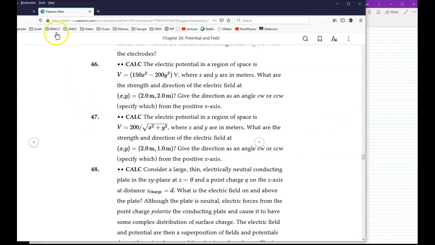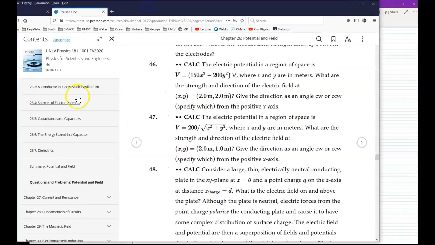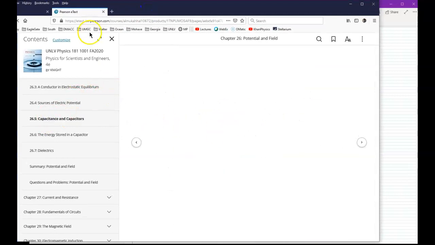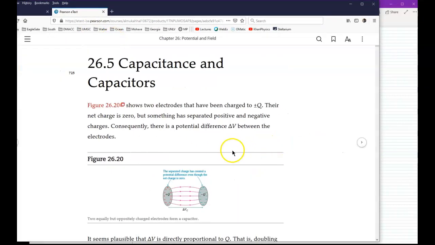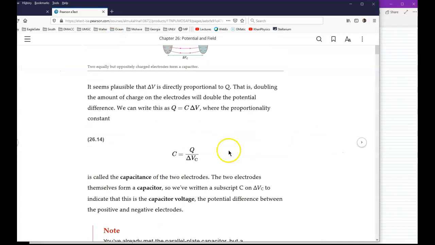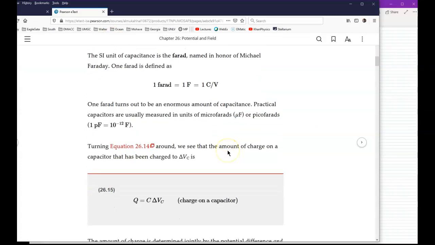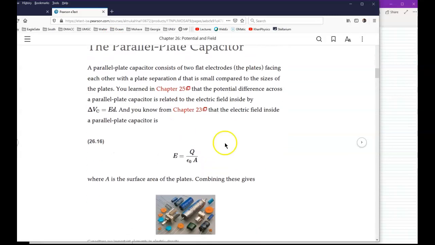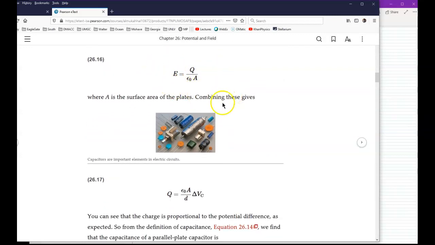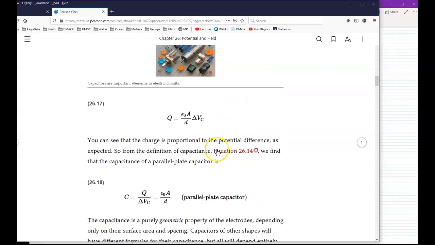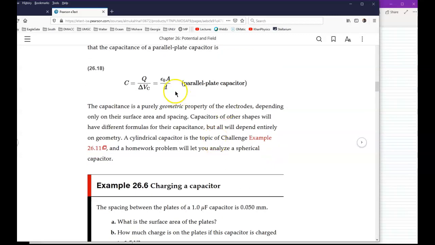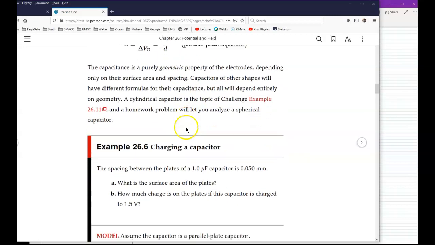Here we go, section 5. Parallel plate capacitor, there we go, this is just the formula. These are how capacitors look like, okay? Here's a parallel plate capacitor, the formula, there we go.